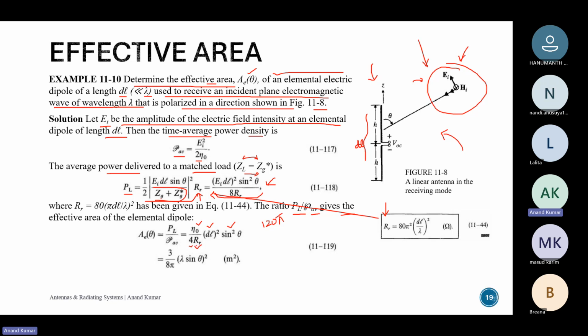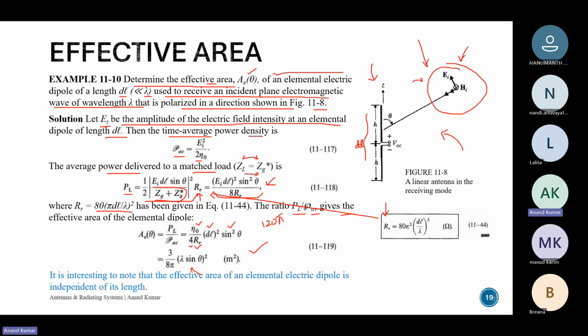We have the expression for R_R over here, and then everything can be cancelled out. After simplification, this is what we get: 3 upon 8 pi lambda square sine square theta. So this is the effective area of this dipole antenna.